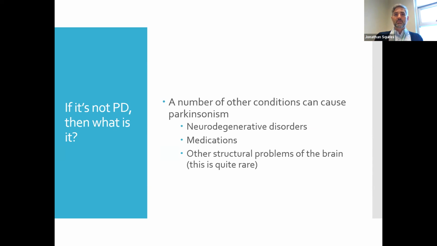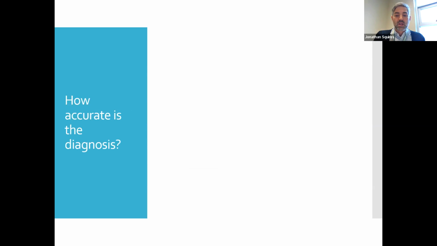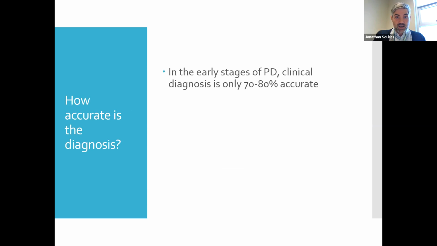And that would be things like frequent falls in the first few years, urinary incontinence, cognitive problems, hallucinations, which are all things that can happen with Parkinson's, but usually tend to happen much later. So we're always on the lookout for these red flag features. So how accurate is the diagnosis?